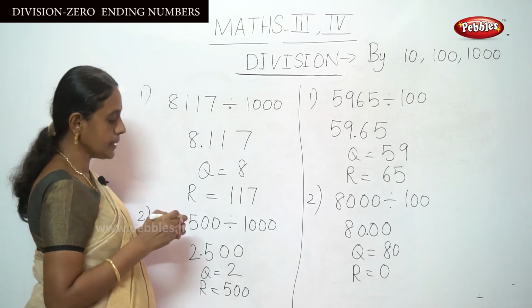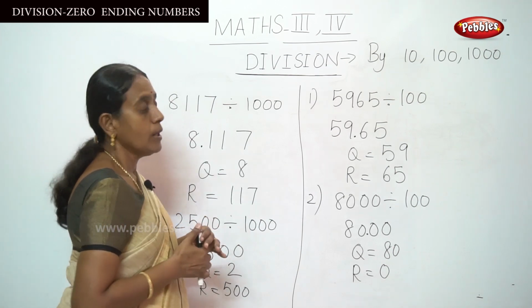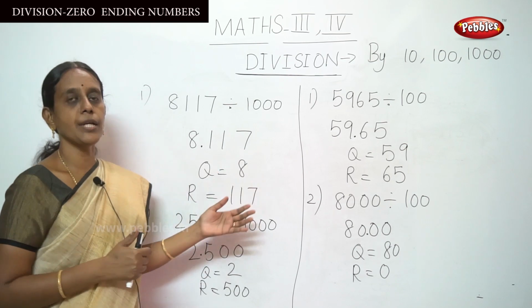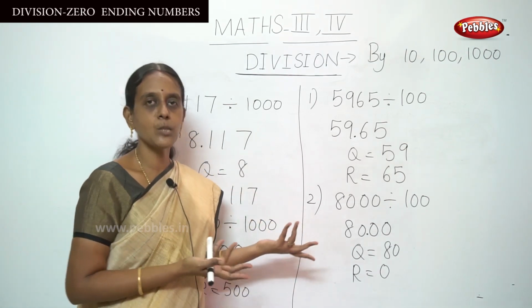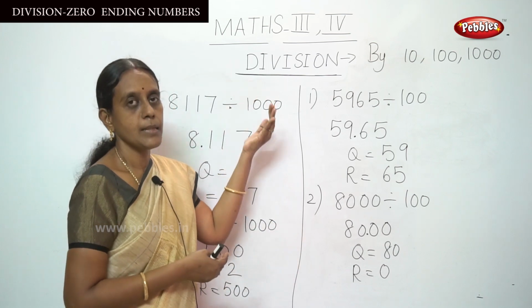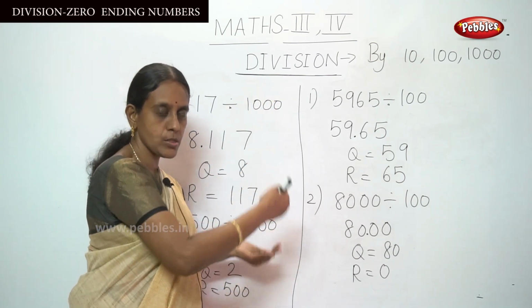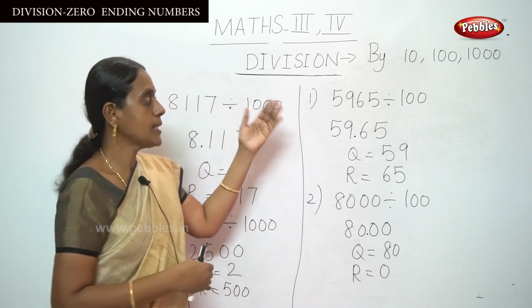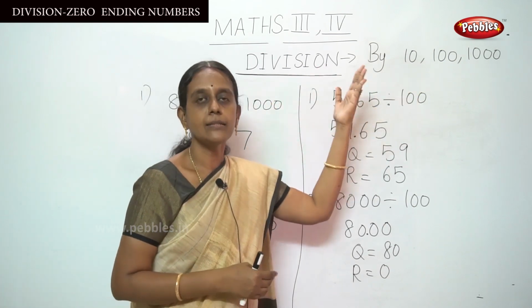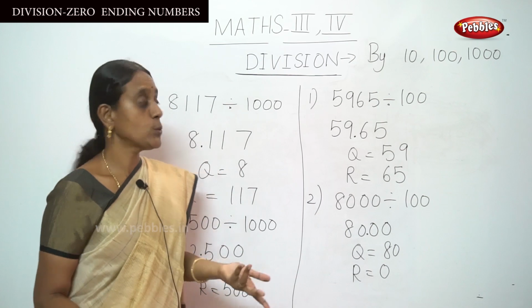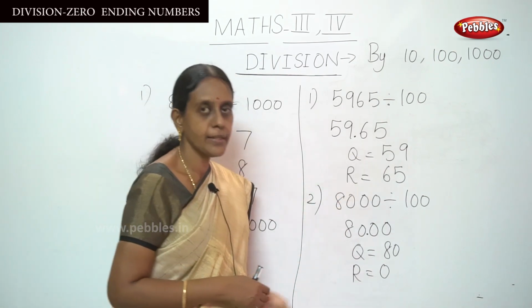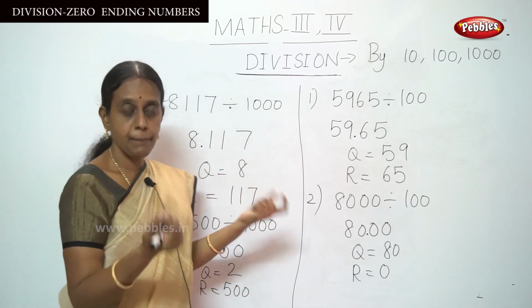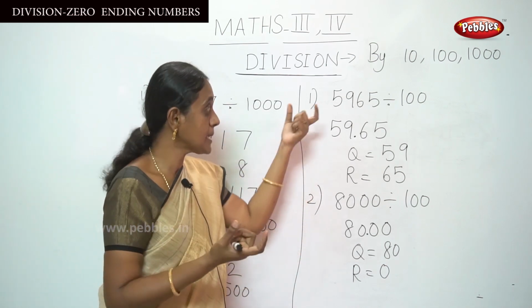So this is a method to find the quotient and remainder without any long division. In your previous problems we were doing it by the multiplication table and subtraction. So that is long division. For numbers ending in zero, like 10, 100 and 1000, you can simply put the decimal point and find out the quotient and remainder, and without paper and pen you can say the answer by seeing it.